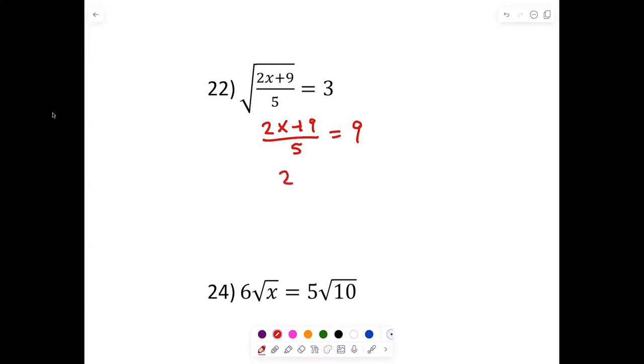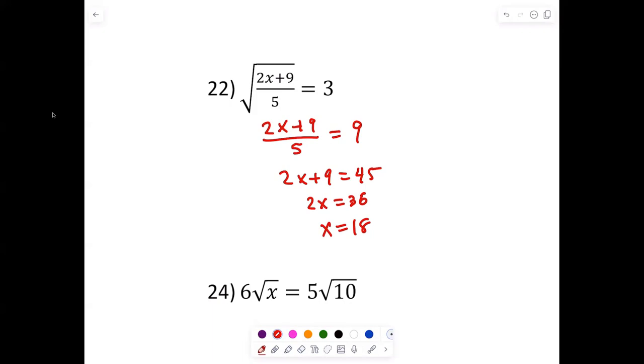Multiplying by 5. Subtracting 9. Dividing by 2. Anybody have any issues with that? Anybody?